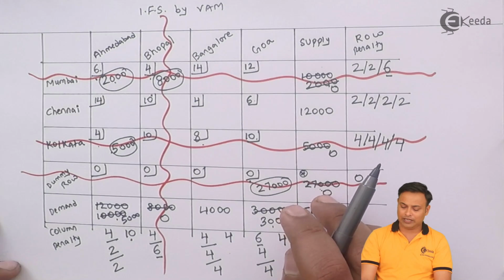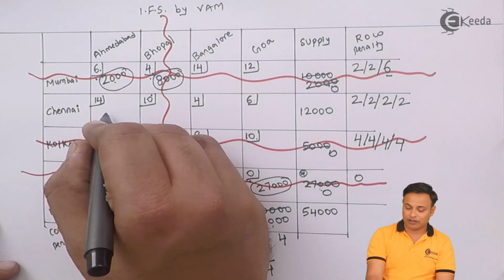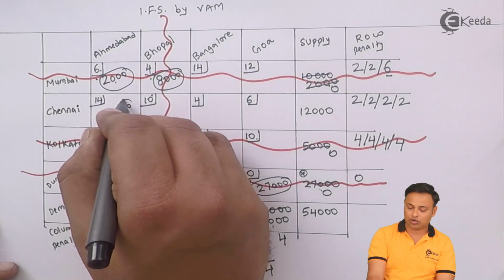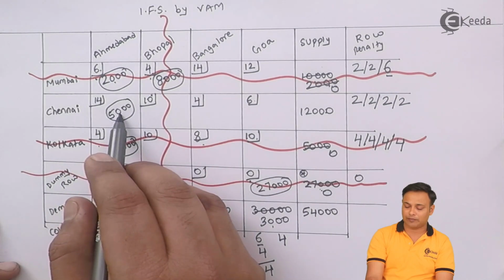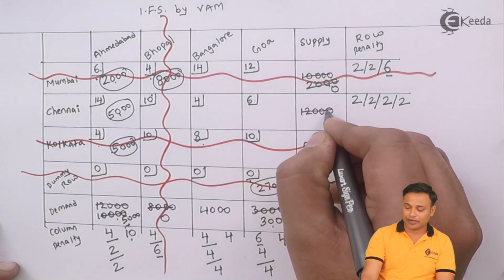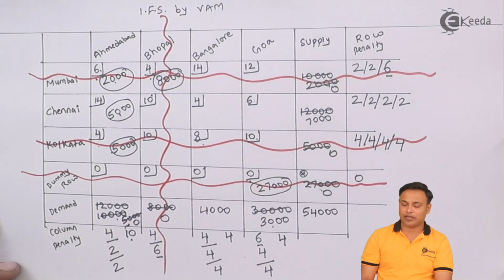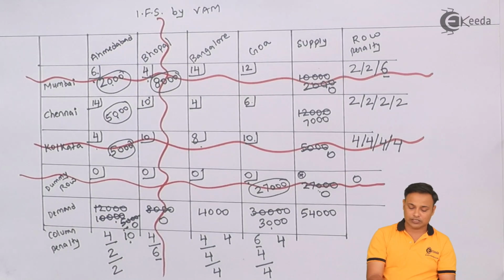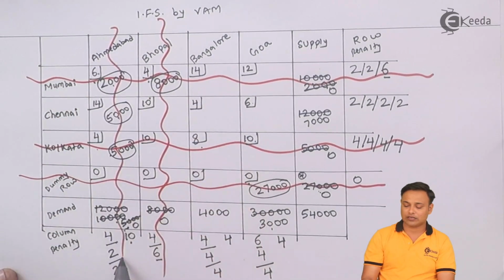I will directly allocate the 5,000 demand in the first column to Chennai, where we have a supply of 12,000. So 12 or 5, whichever is less, I have taken 5,000. 12 minus 5 it will be 7,000. 5 minus 5 it shall be a 0. Since we got a 0 in the first column, my first column shall be cancelled.